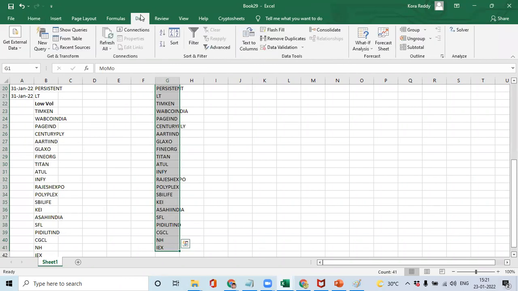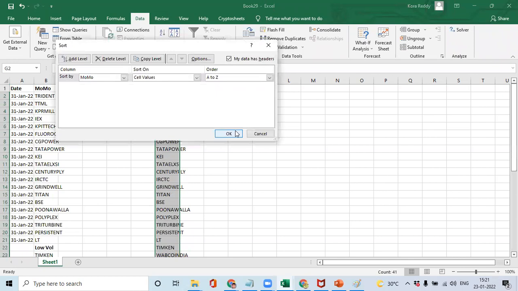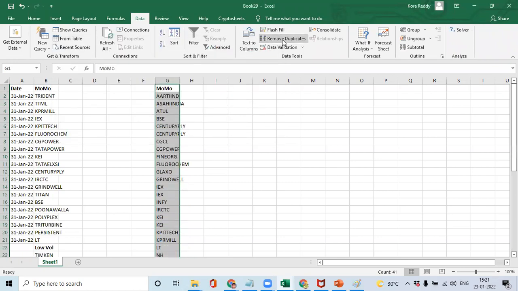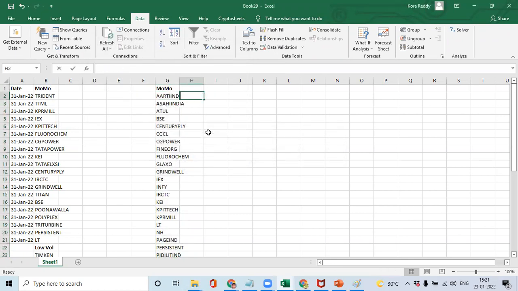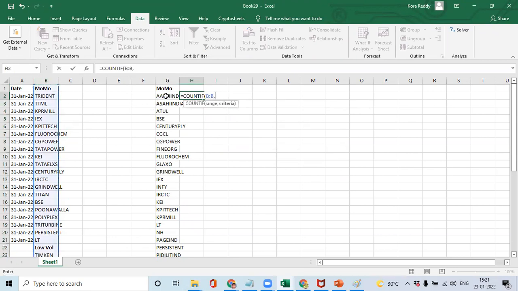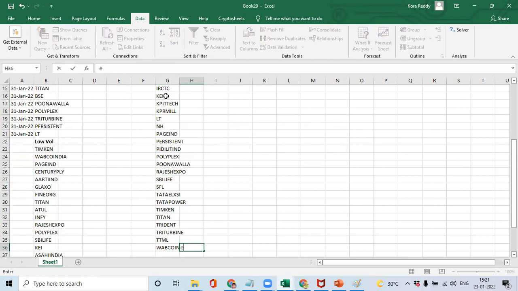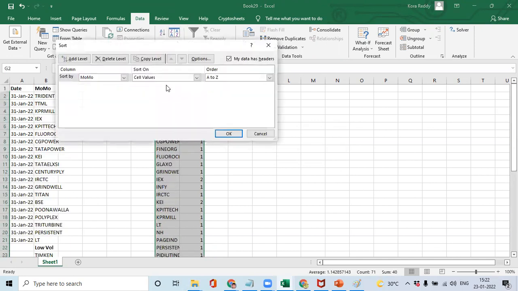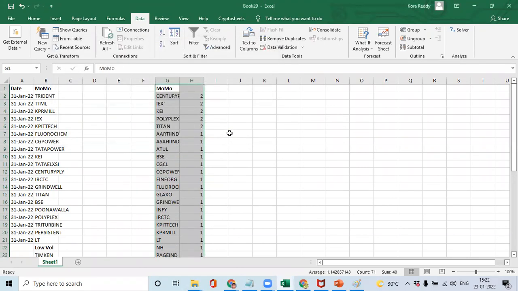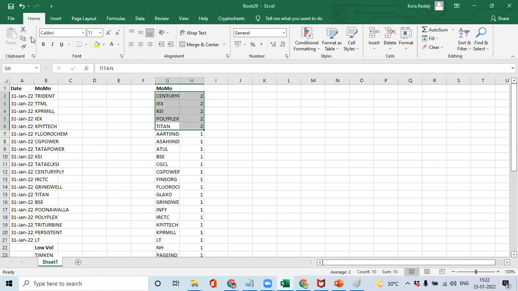Sort. Remove duplicates. Do a count. Now sort. These are your stocks which are both in momentum and low vol.